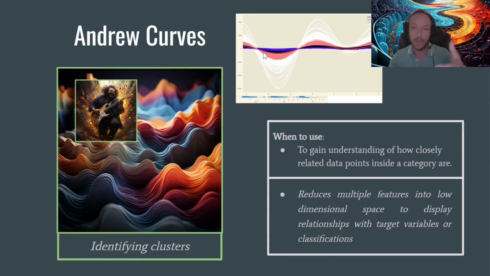You can see here the black is a nice tight line, the blue as well, whereas the white seems very large and really spread out. So we're getting the sense that this category is not tightly clustered together. It has a fairly wide variation, considering this is actually converting many features into a smaller dimensional space. Although it's only showing us 2 dimensions here, we're actually considering things in a much higher dimension. Again, a very specialized plot, but it can be enlightening for understanding your categories a little bit better.